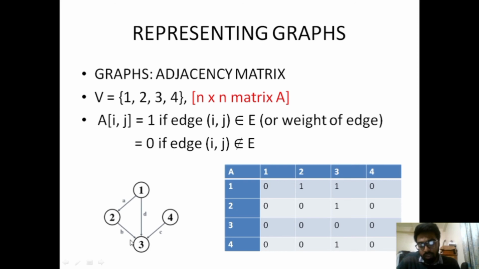In vertex 3 we don't find any edge in the graph, so we will put 0 in all those positions. In vertex 4 we can see that it has an edge there which is 4 to 3, so we will put 1 in the 4 3 position for that. We don't find any edge between 4 to 1, 4 to 2, 4 to 4, so we will put 0 there. So that's how we can represent a graph by a matrix which is known as adjacency matrix.